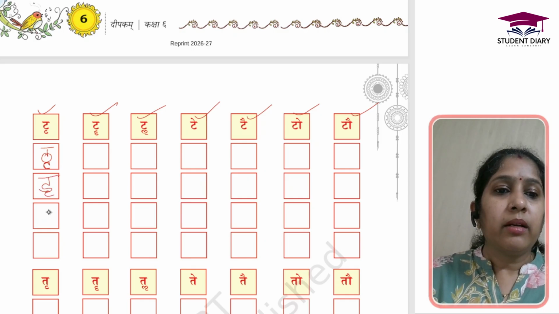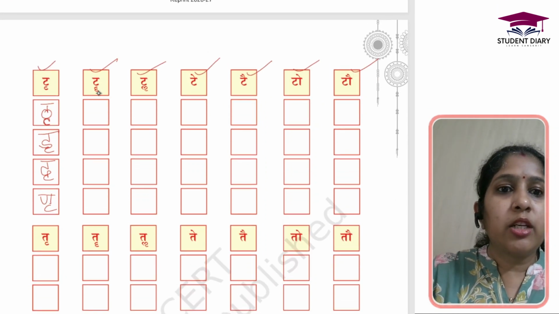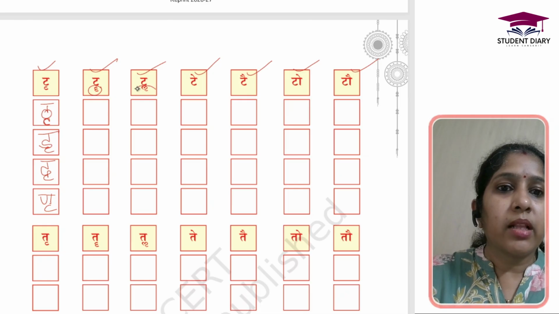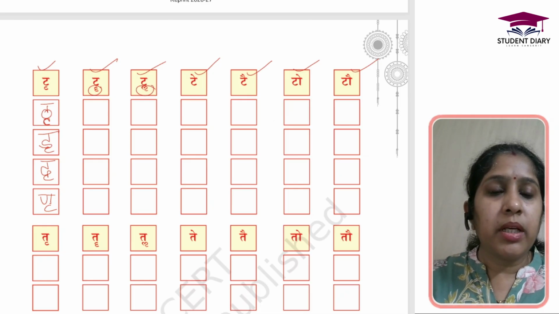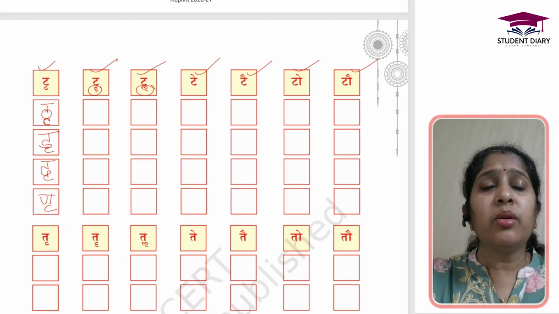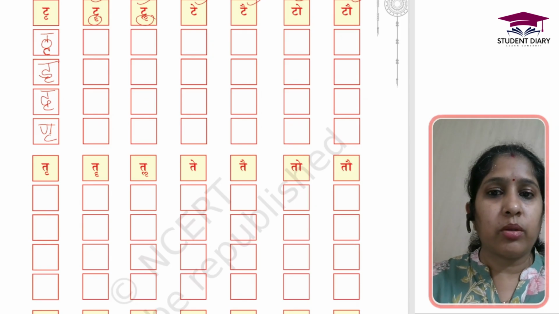And then ghri, and then nri, right? Correct. And these all you can write yourself, right? Correct. You just have to copy these matras under the letter, right? I hope everyone can do this. If you are not able to do it, let me know in the comment section. Okay, I will surely help with that also.